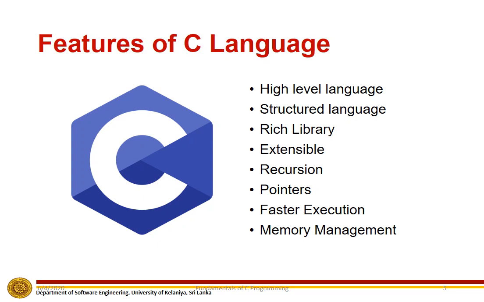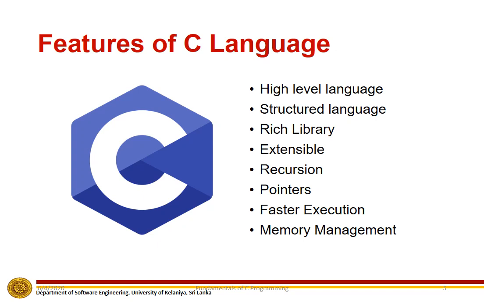So, C is a high-level programming language. The second feature is that C is considered a structured programming language, as it improves clarity and quality, and it reduces the development time for designing software. If you remember, I described how structured programming languages work in the last lecture.